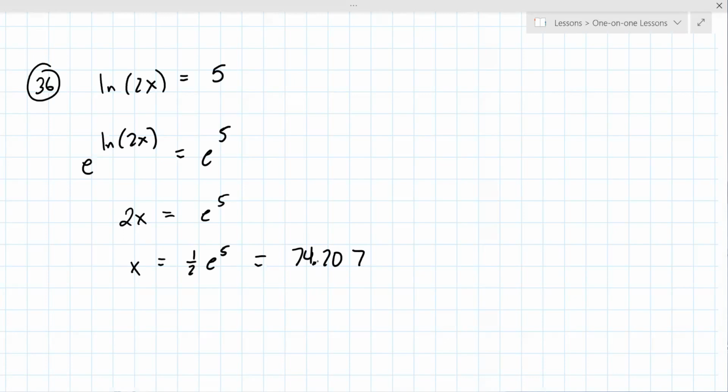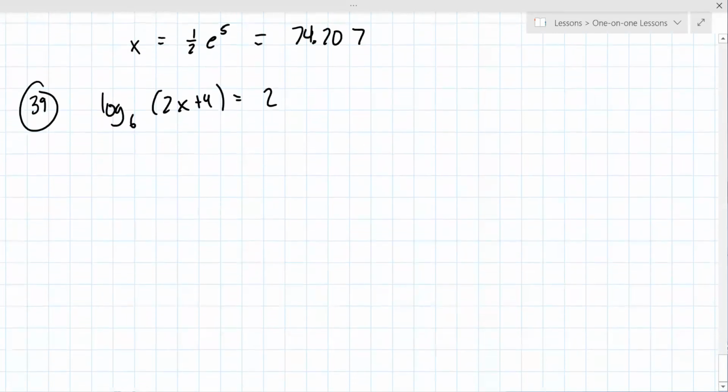On to number 39. All right, so 39, they go back and forth. Log base 6. So how do you undo log base 6? You undo log base 6 with 6 to the power.